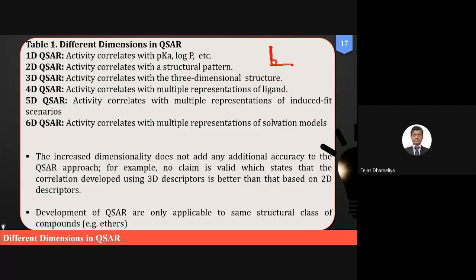Now if I try to connect these two dots together, that will lead to the formation of a particular shape. And what is that shape? The shape is a triangle. A triangle is also a two-dimensional parameter because I am still working on a 2D platform, a 2D board, right?